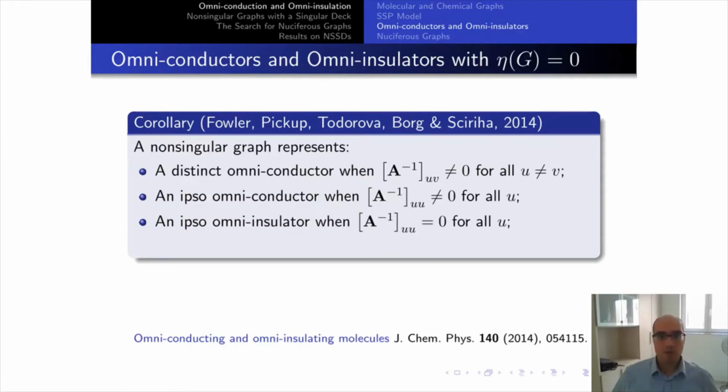Of course, for ipso omni-insulators, you have exactly the reverse. The entries in the diagonal of the inverse are all 0. And finally, strong omniconductors that are non-singular have this property that the inverse contains no 0 entry. Note that the other two possibilities, which are distinct omni-insulators and strong omni-insulators, do not exist for non-singular graphs, as we said before.